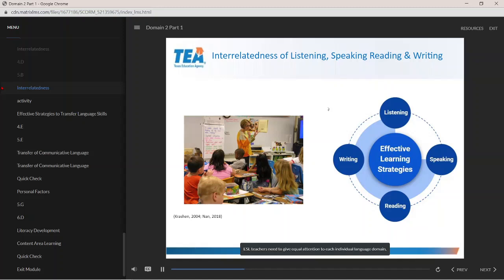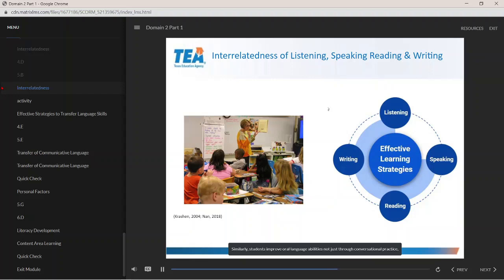ESL teachers need to give equal attention to each individual language domain and consider how each domain contributes to and supports the development of other language skills. Each language domain is interdependent on the interaction and improvement of the other. Students become better writers not by writing in isolation, but through reading or listening to the work of other authors and thinking critically about how to incorporate new learning.